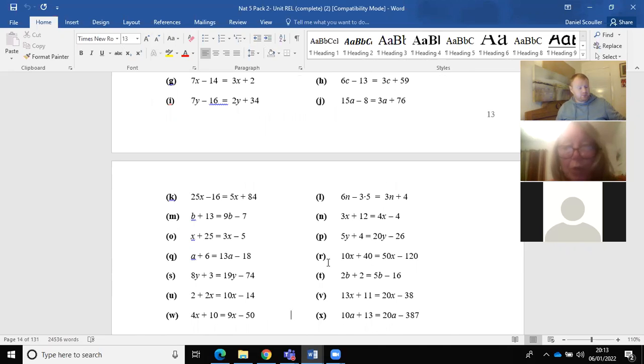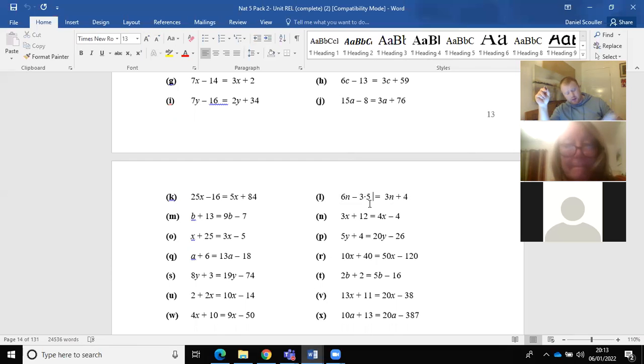But looking at L, 6n minus 3.5, wouldn't that be 3.5? This one here. Or do you leave that as a decimal? So you could leave that as a decimal, and a lot of the past papers, remember before Christmas we looked at the past paper and added a decimal in there. So we'll look at strategies and how to approach those questions, because they will come up.